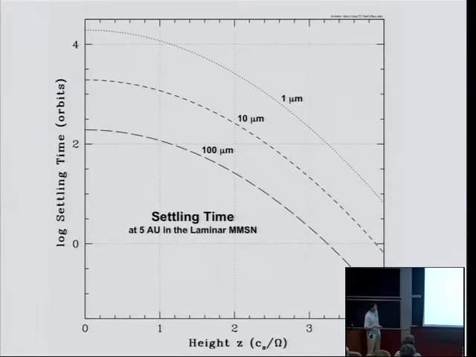So for micron-sized grains in 100 orbits, which is sort of what we could hope to run the calculations to start out with, we can get down to 3.3 scale heights or something. 10 microns we can get down to 2.5, and 100 microns we can get down almost to 1 scale height within the length of time that we can run the calculations.